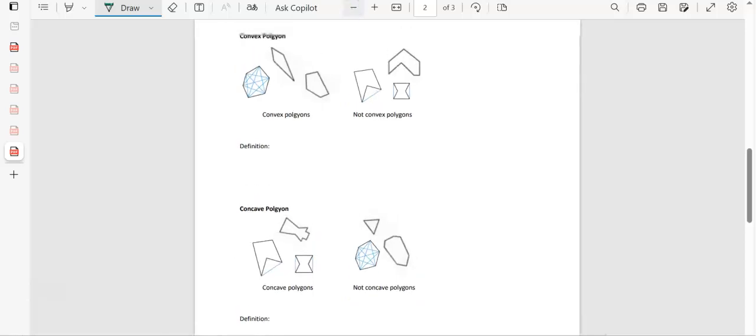What this tells us is that convex polygons and concave polygons cannot overlap in any way, shape, or form. You can't be convex and concave at the same time.